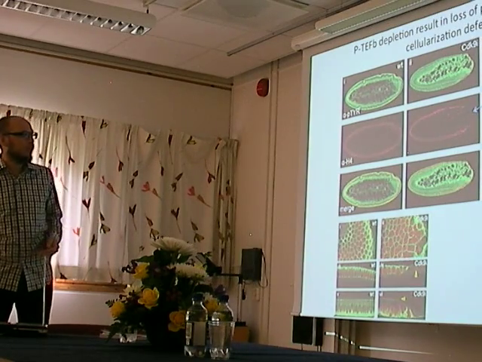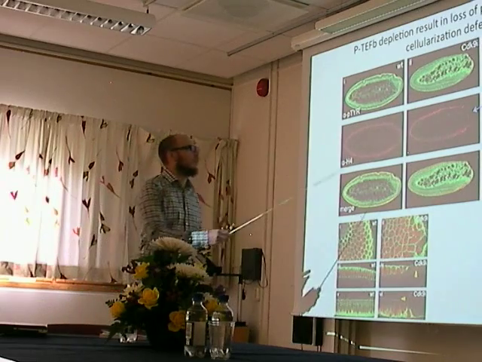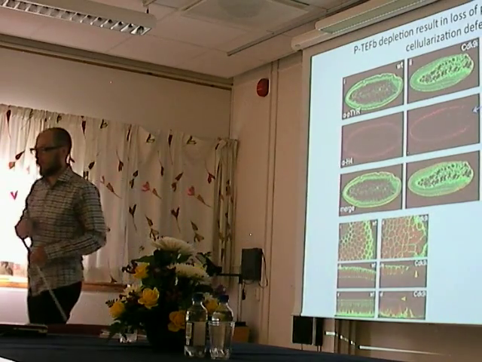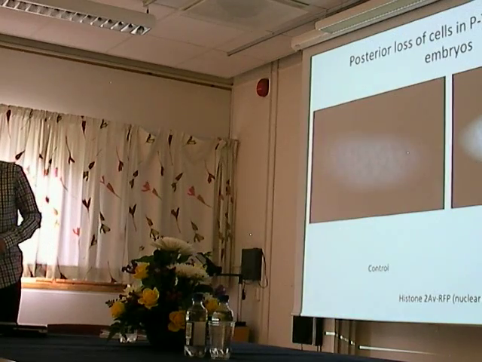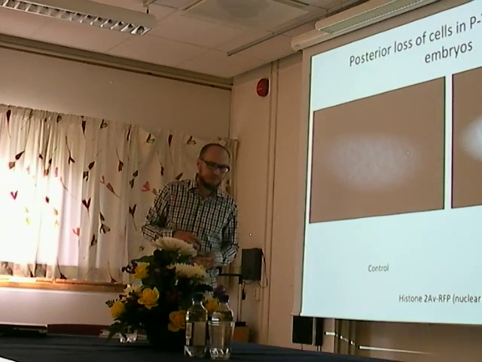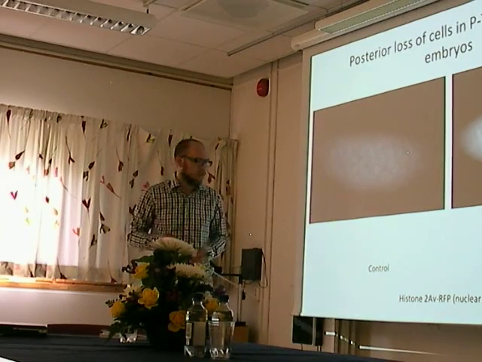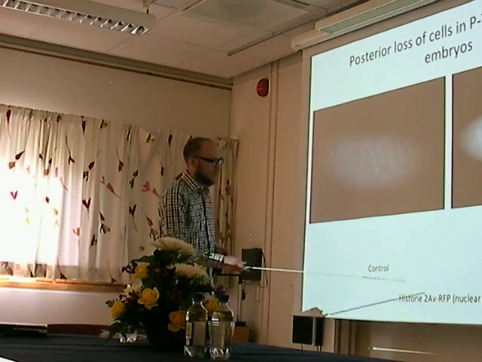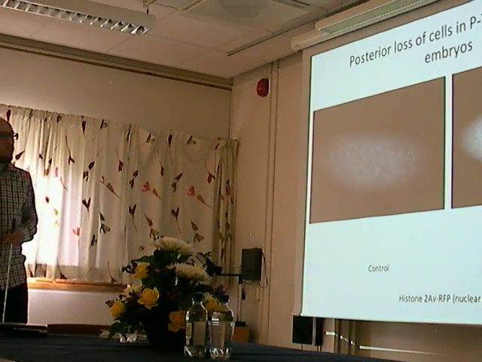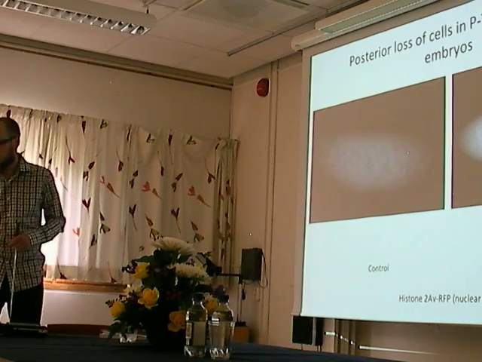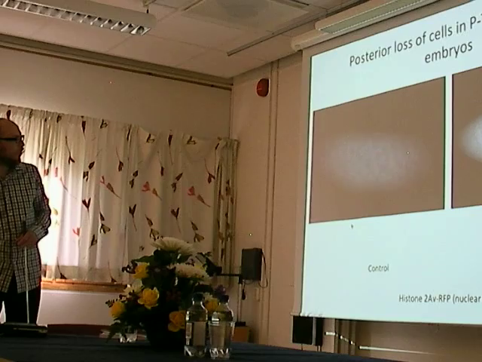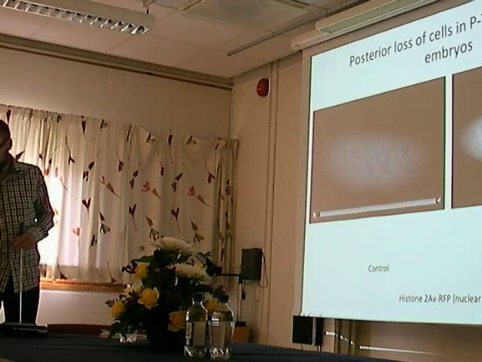Next, we wanted to investigate why or when this phenotype, the posterior phenotype, is happening. So we did this by introducing a fluorescent nuclear marker, which is a histone that is tagged with an RFP. In this way, we can monitor the embryos by taking pictures of the embryos every second minute, and then make a video of this.